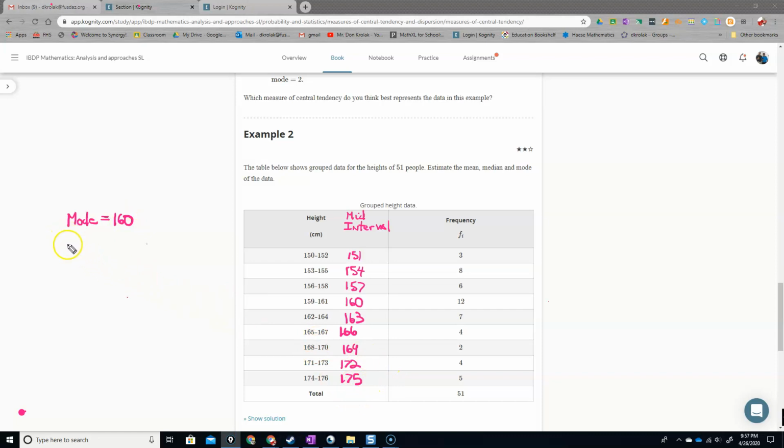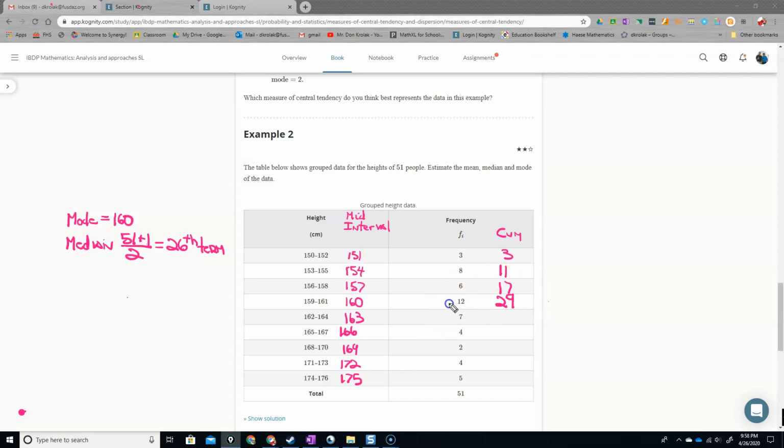Our median, well, there's 51 values. So my median is going to end up being the 26th term. So I'd have 3 plus 8, 11, 11 and 6, 17, 17 and 12 is 29.